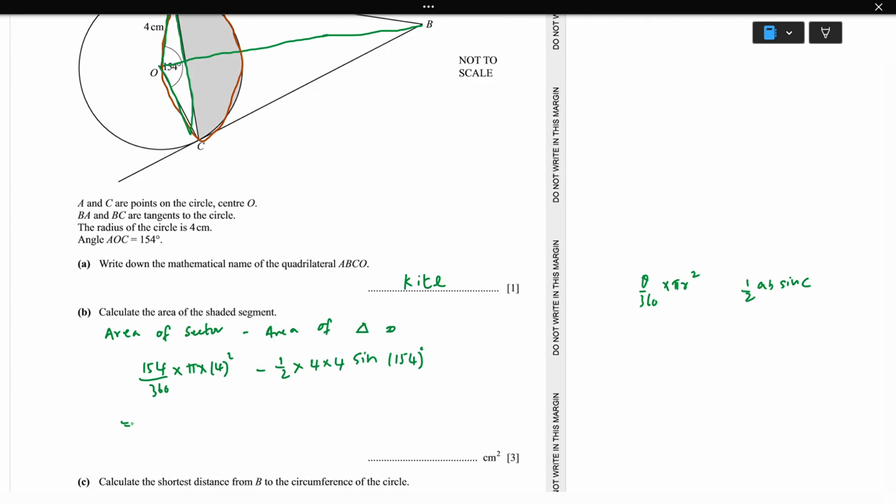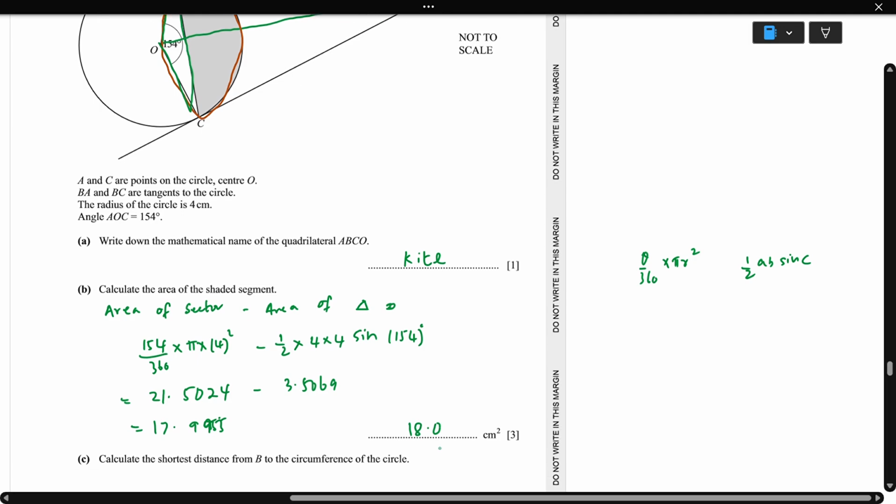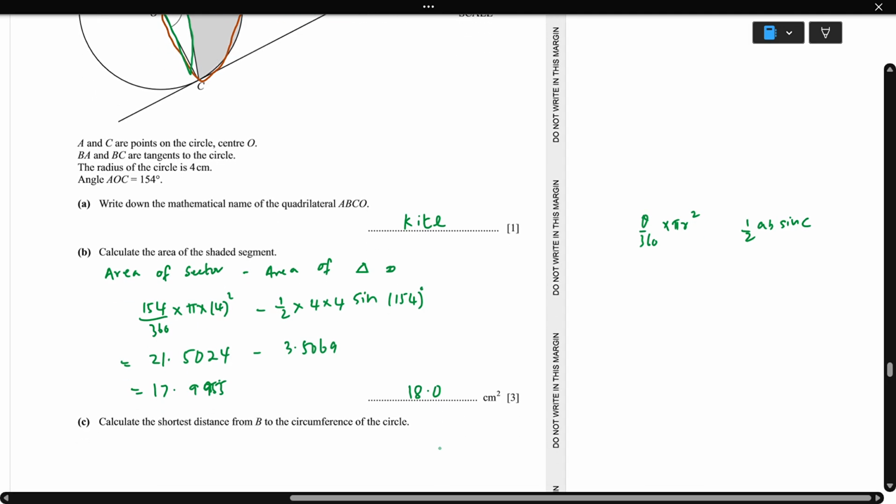When you use the calculator, the first answer is 21.5024. The second answer is 3.5069. So the final answer is 17.9955. When we round up to 3 significant figures, the answer is going to be 18.0. So this is the area of the shaded segment.